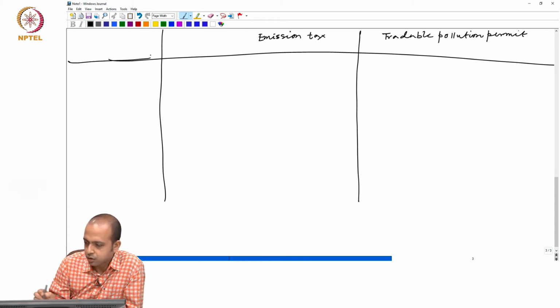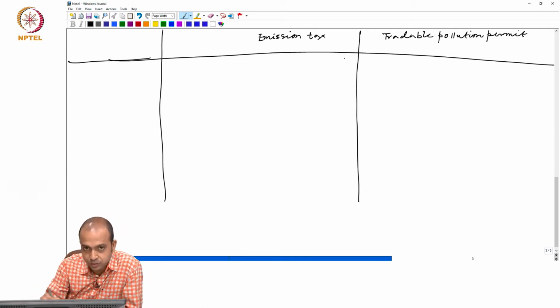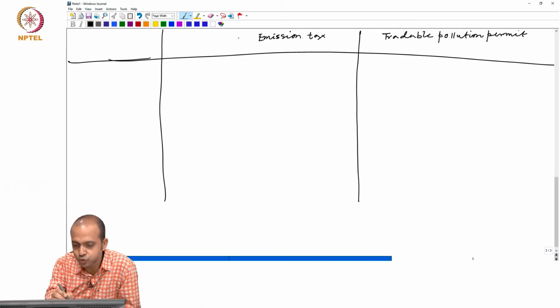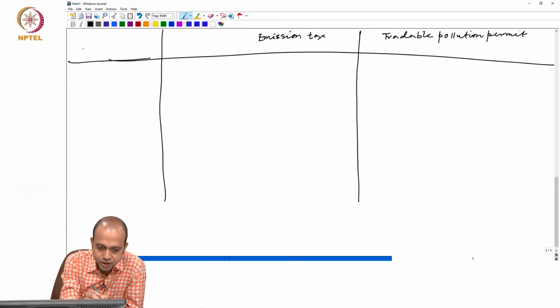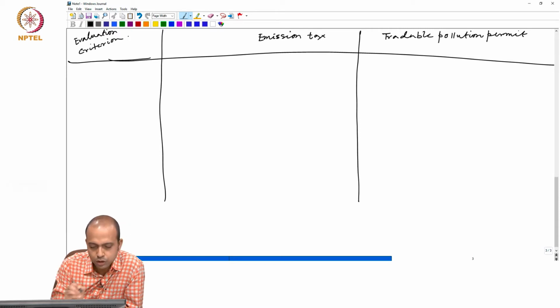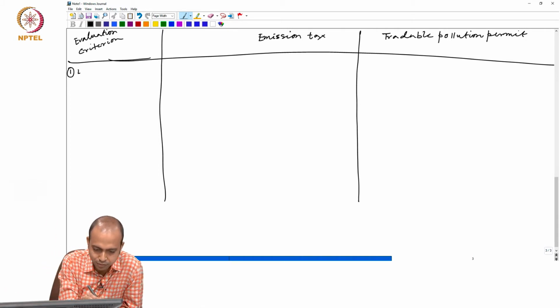When we are evaluating these two policies, emission tax and tradable pollution permit, what is the evaluation criteria? So, the first evaluation criteria is, let us say, effectiveness.